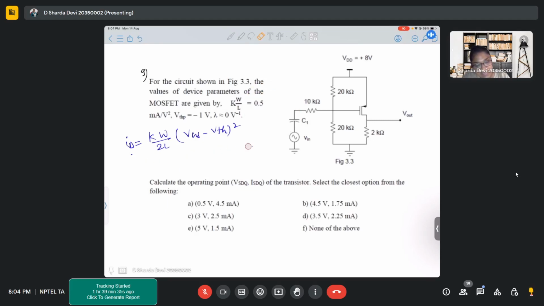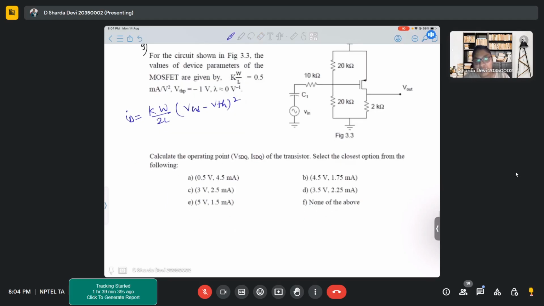But here, since kW by L is mentioned, you can simply take it by 2. So here the value for ID we will consider as kW by 2L VGS minus VTH whole square.